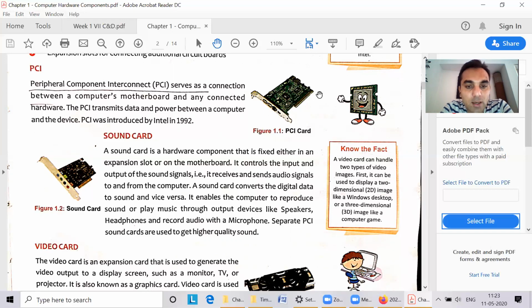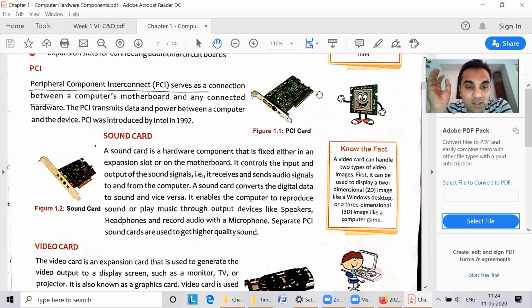That is, it receives and sends audio signals to and from the computer. So we are using the mic over here, and we are using the speakers over here. All the sound which is transmitted and received at your end is done by the sound card.